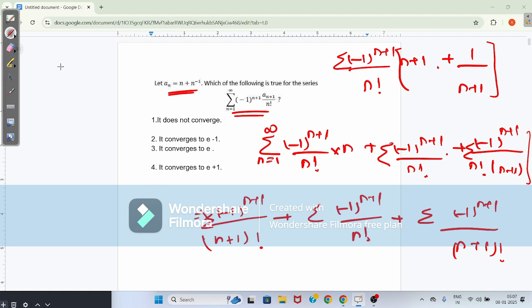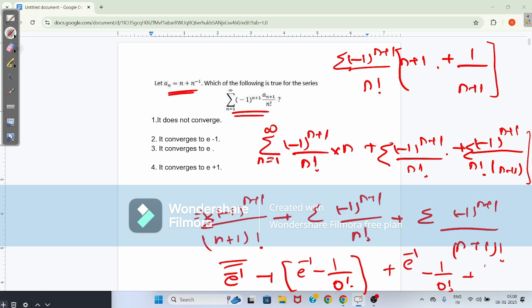Okay, now this is the value for e power minus 1, and plus minus 1 into, what you can write this value as e power minus 1 by 0 factorial, plus what you can write as e power minus 1 by 0 factorial plus 1 by 1 factorial.